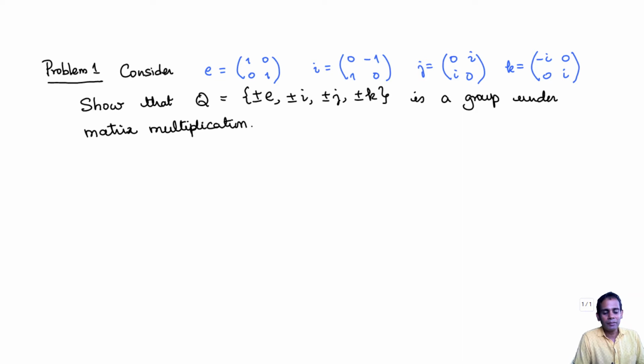So what is it that we need to check to establish that Q is a group? So firstly, for a group, we need to know that we have a binary operation.